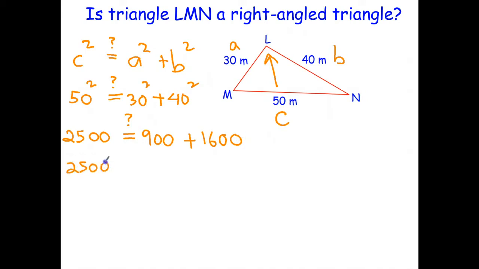And if we add 900 plus 1600, we get 2500. And we can say, therefore, angle L is a right angle.